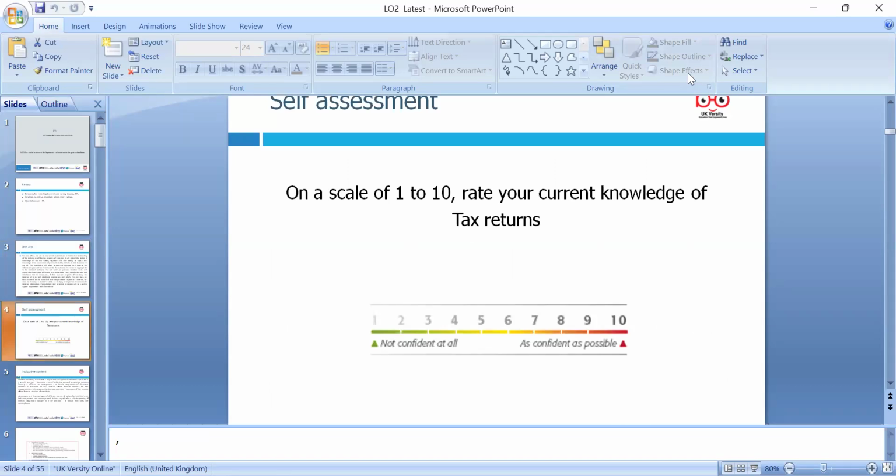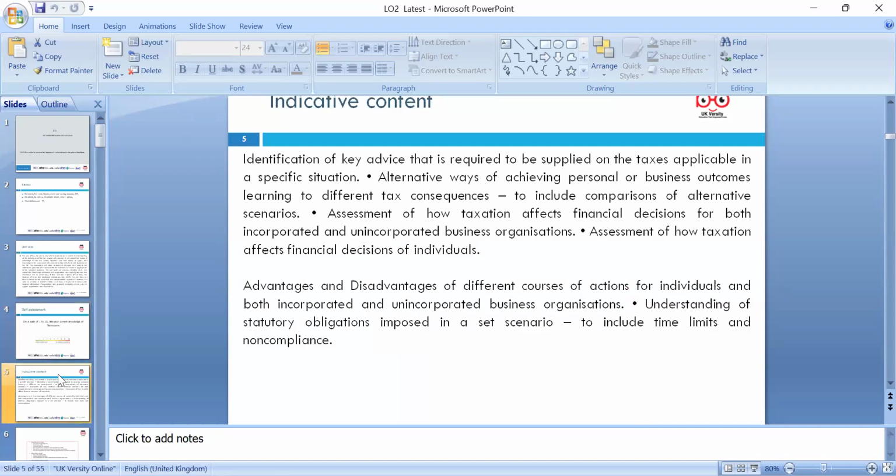It's always good to scale 1 to 10 your current knowledge about the tax return, CT600, self-assessment, or any other. Always good to do your reflection, how much you know. So identify the key advice required to be supplied on the tax applicable in a specific situation.